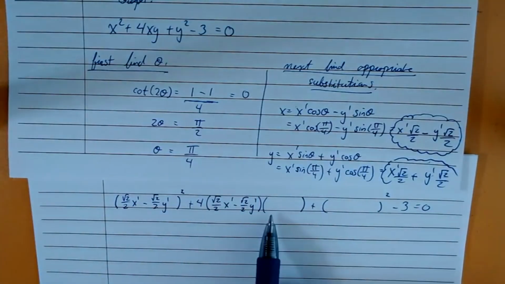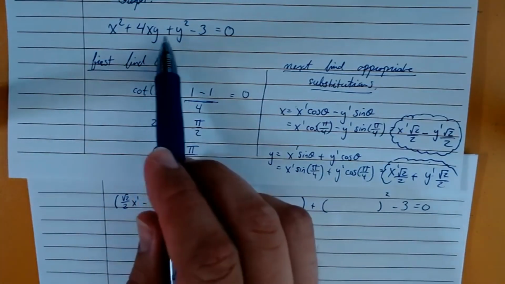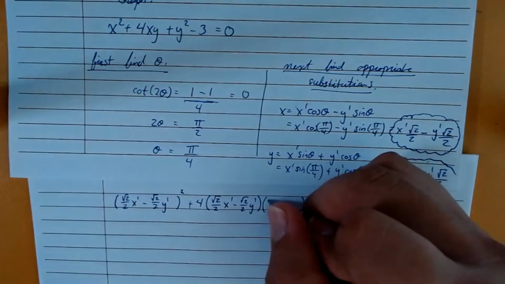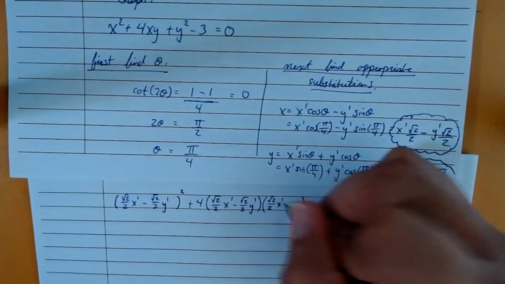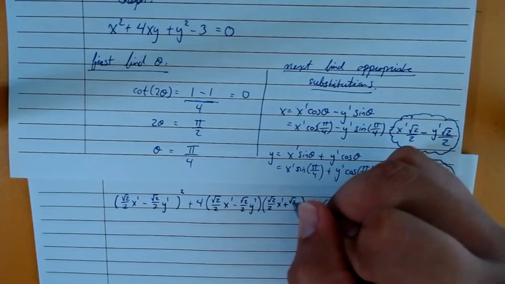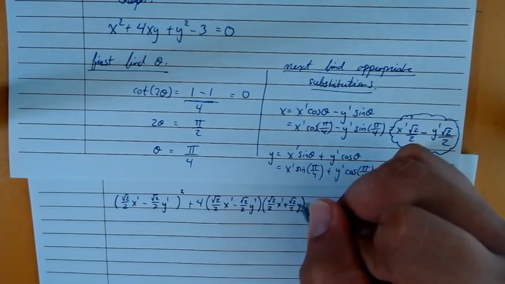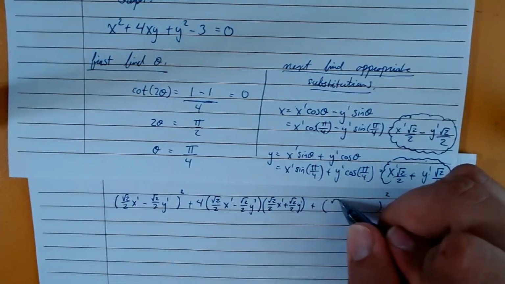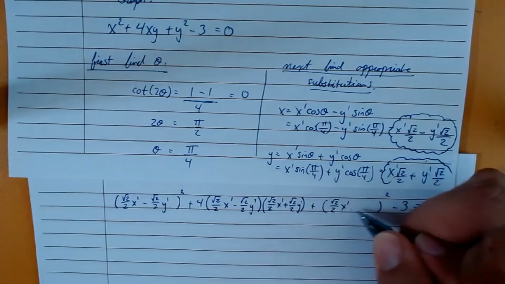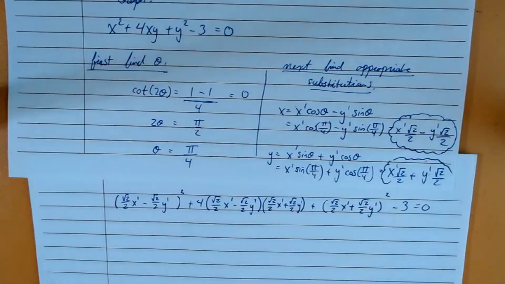And then anywhere there's a y, I'm going to plug in this one. Okay, so in those two, I'm going to plug in root 2 over 2x prime plus root 2 over 2y prime. And same thing on this one. Root 2 over 2x prime plus root 2 over 2y prime.